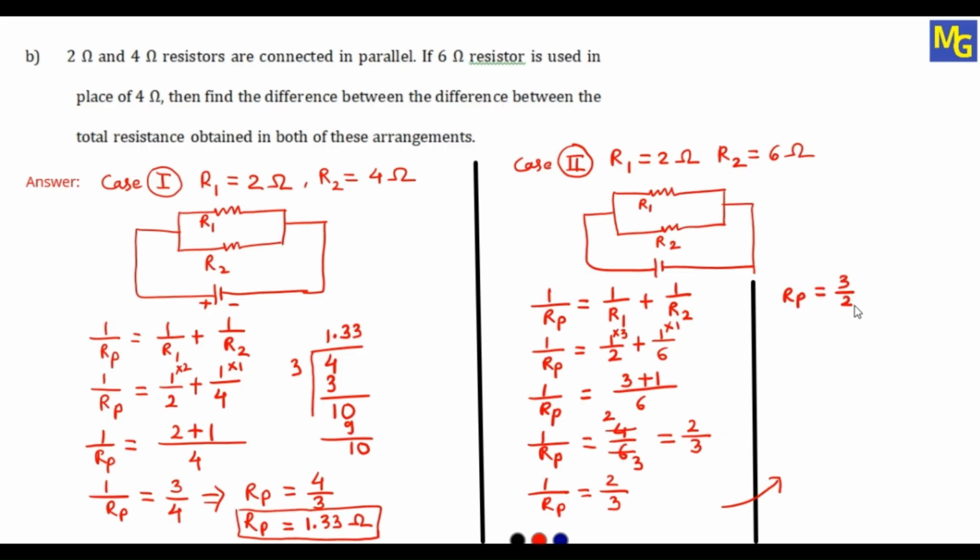So divide this 3 by 2, how much will we get? 2 ones are 2, 1 will remain, and then we will take 0, decimal, 2 5s are 10, then it will be 0. So the answer is 1.5 ohm. This is the answer for the second case.